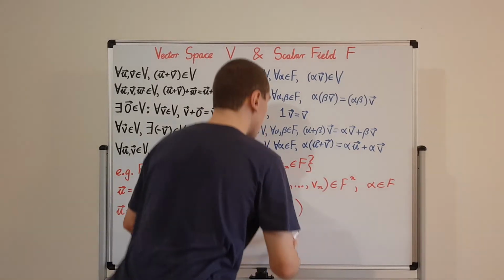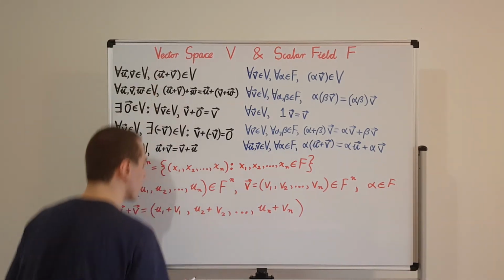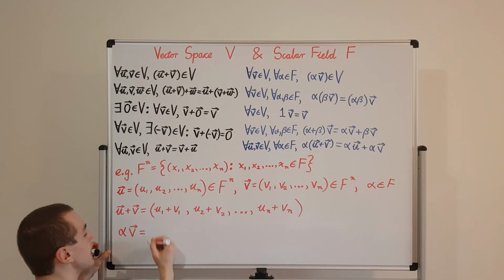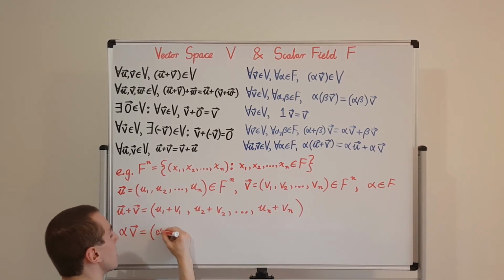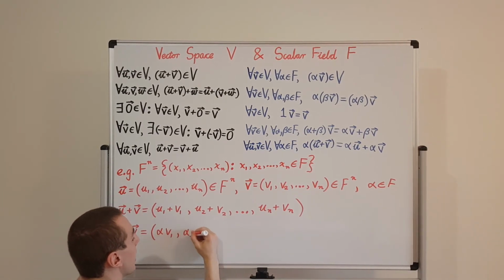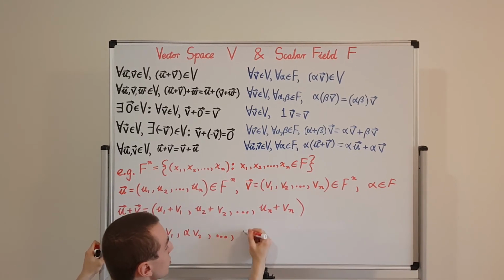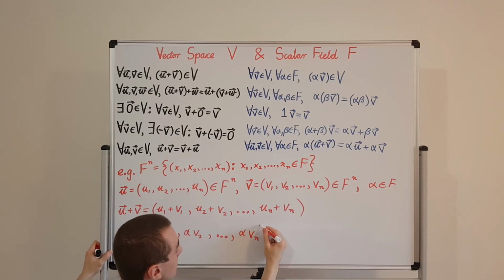So that's how vector addition works. And what about scalar multiplication? If we want to scale a vector by alpha, that's the same as individually scaling all the components. That's alpha v1, alpha v2, all the way up to alpha vn.